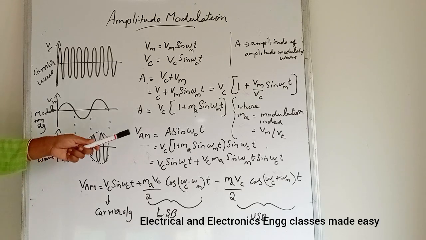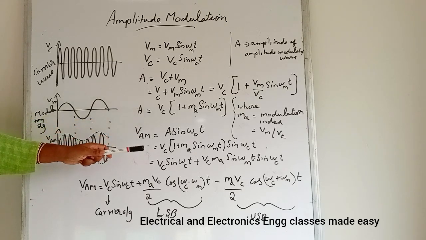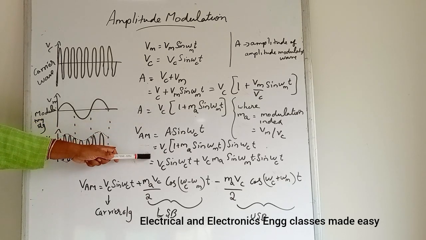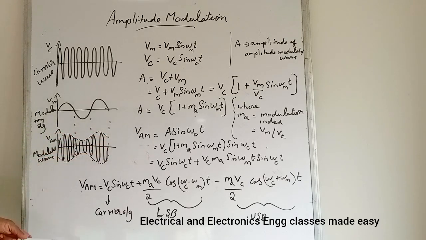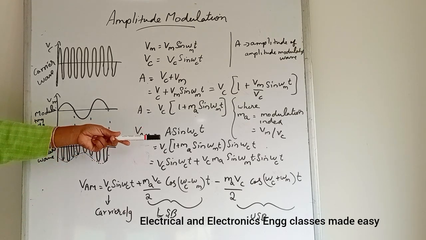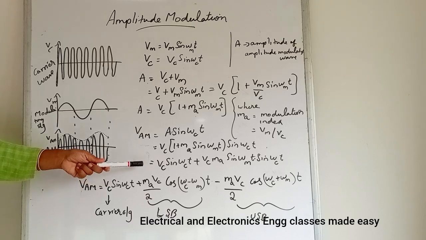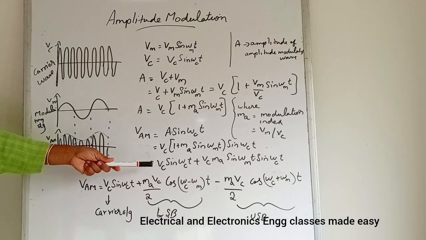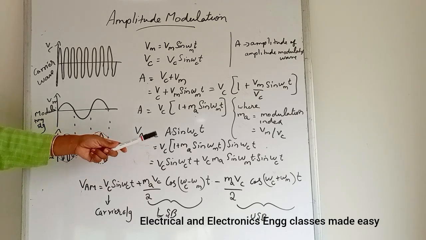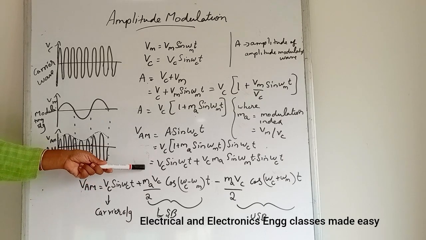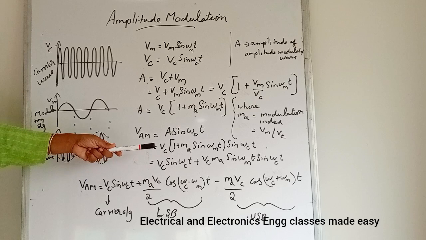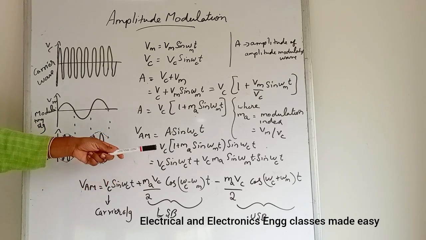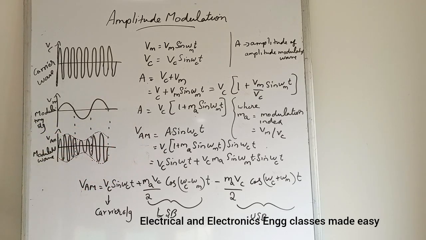So we can write A into sine omega ct, and that is equal to, put the value of A here. So Vc into 1 plus Ma sine omega mt into sine omega ct, and that is equal to Vc into, opening the bracket, we can write Vc into sine omega ct plus Vc Ma sine omega mt into sine omega ct.